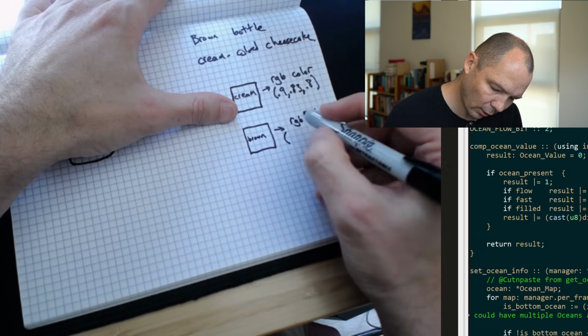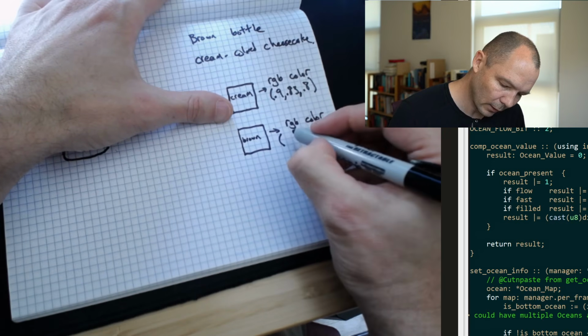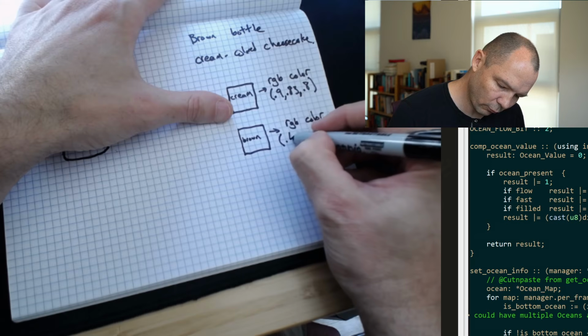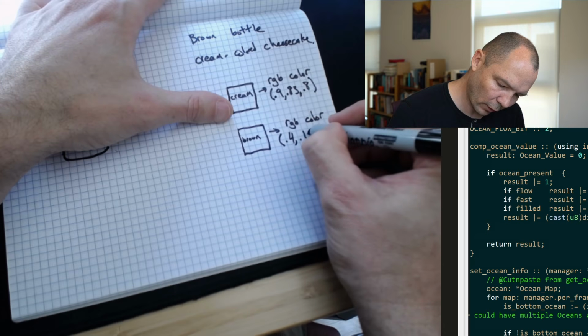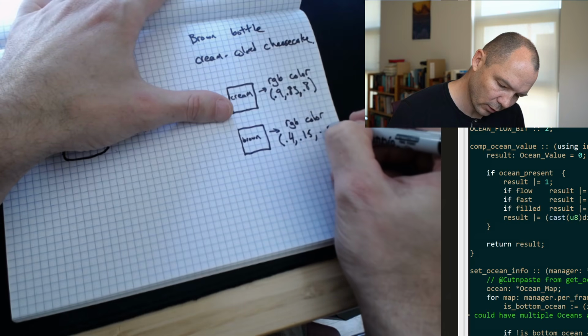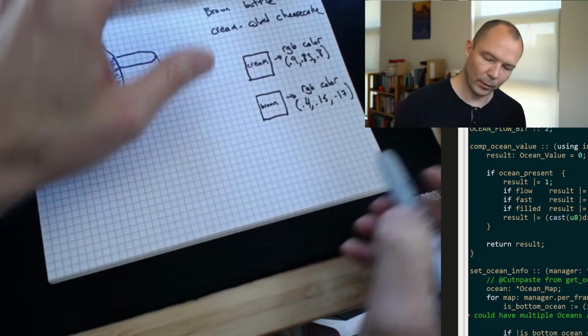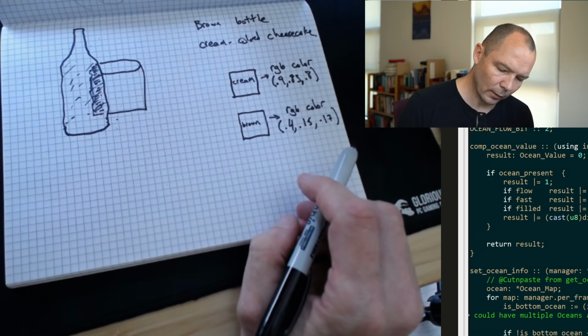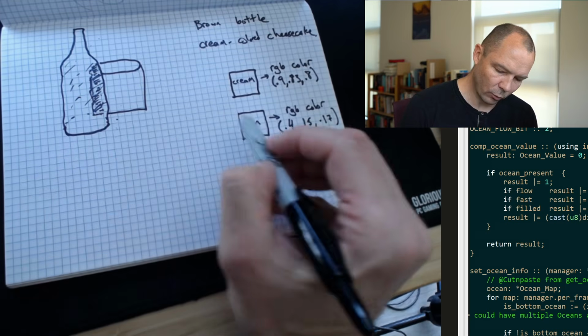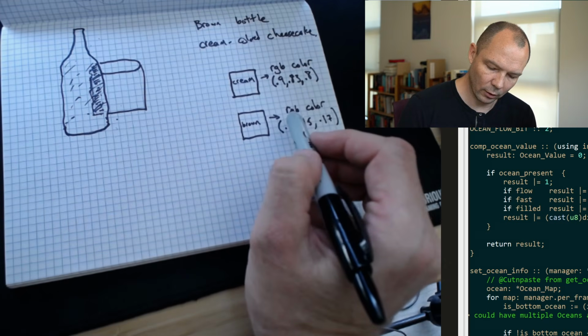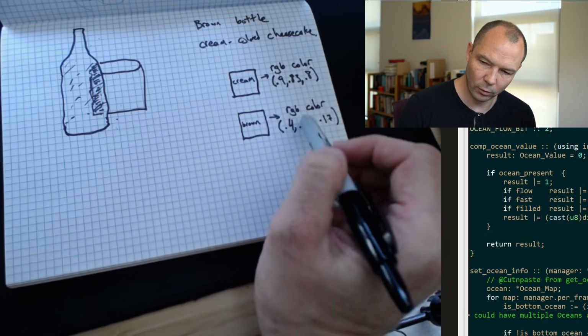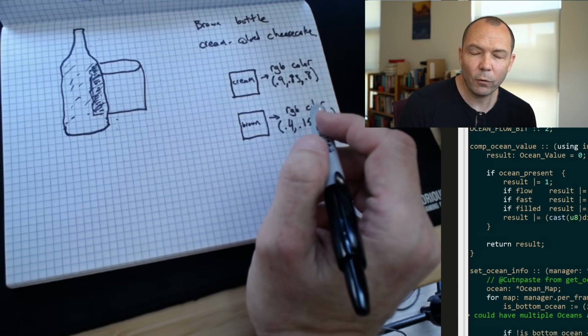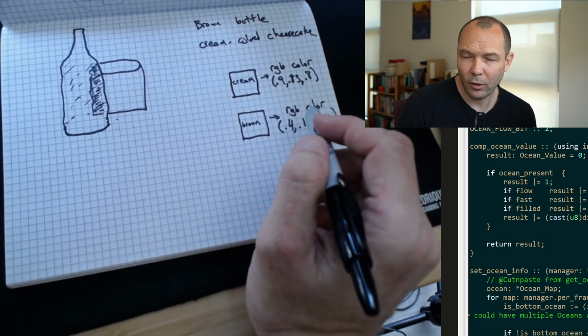It's like, I don't know, 0.4, 0.15, 0.17. Some color, it's a lot darker than this one. So if this is opaque, we just stomp all these colors in the cream pixel with the colors in the brown pixel.